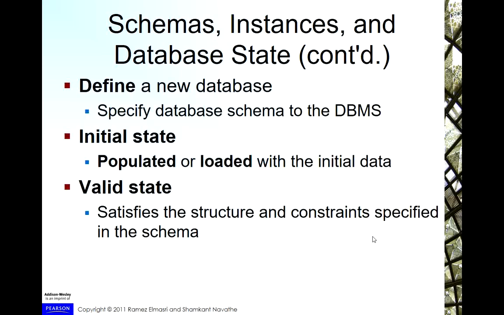We can also define a database by creating it, by specifying the database schema to the database management system. So if we create it, if we decide on it, then we are actually defining the database. And the initial state of the database means, as I mentioned before, the populated or loaded data with the initial data.